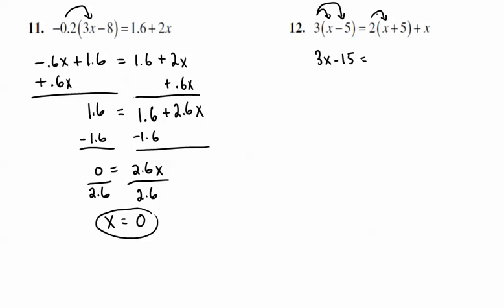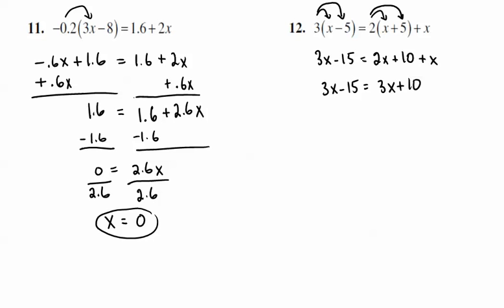Then on the right side, 2 times x is 2x. 2 times positive 5 is 10, and then we still have a plus x over there. So you can see on the right side, before I do anything subtracting the same thing from both sides, I have a 2x and an x, and that can be simplified to 3x plus 10 on the right, 3x minus 15 on the left.